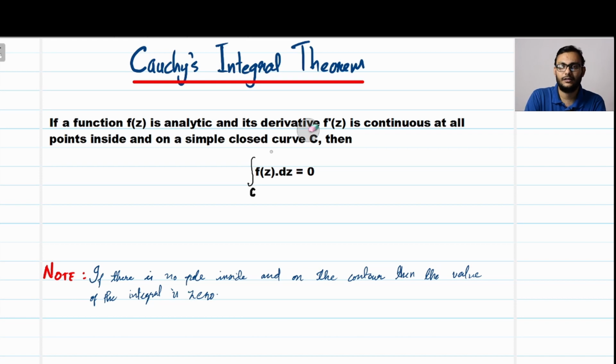Another easy way to identify whether that integral becomes 0 or not is that if we have no poles within the contour, say if we have a circle and this is our contour C, and we are taking a complex function f(z) inside this contour, and if this function is completely analytic within this contour, then whatever the integral value we are trying to find, everything will be equal to 0.